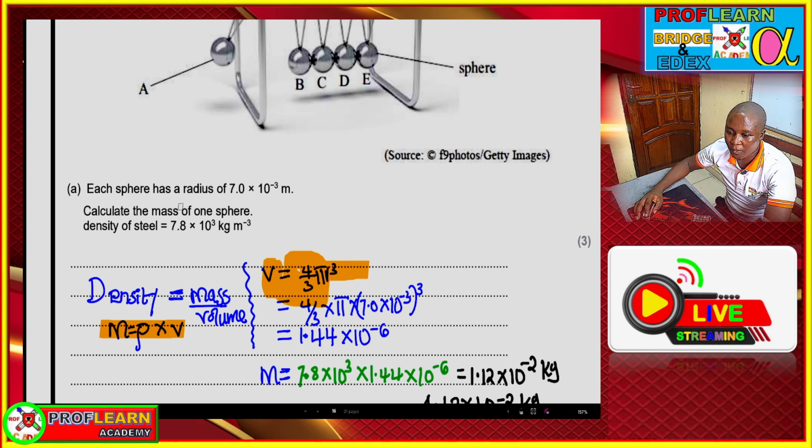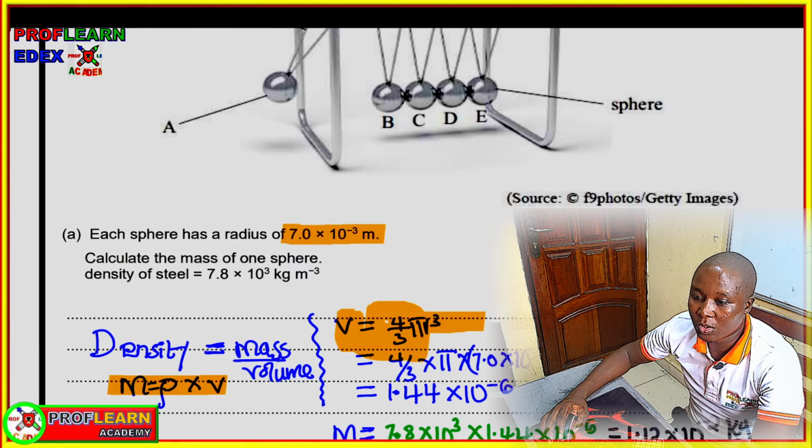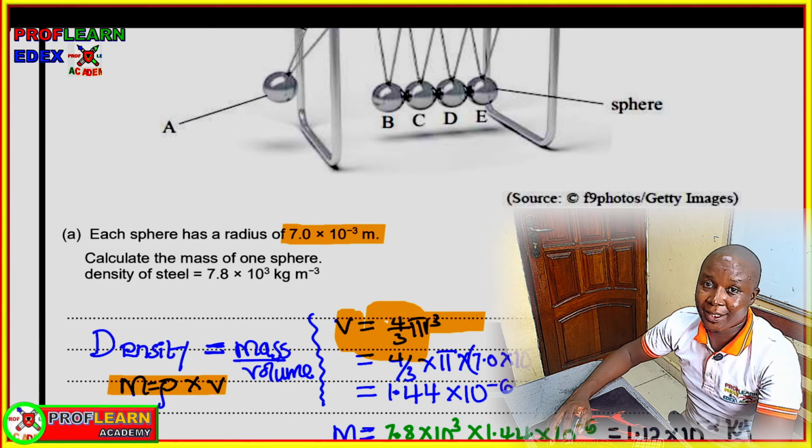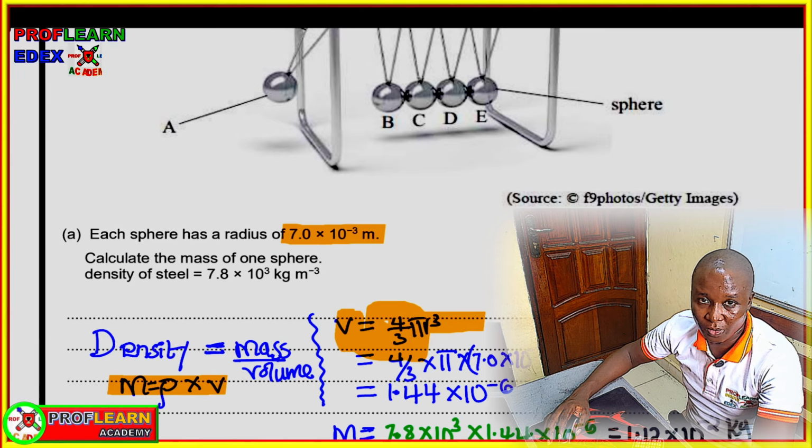The areas that you need to check in this question are confirming whether the measurements given here are in meters, and also whether the dimension you are given is the radius or the diameter. If it's the diameter, you have to divide.